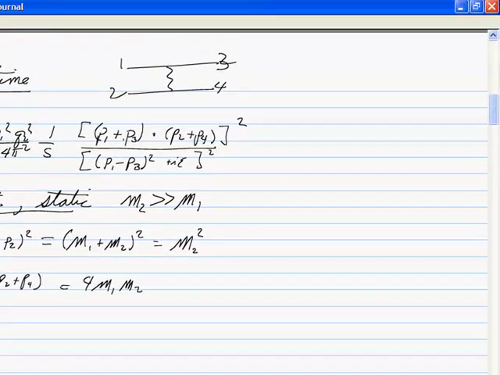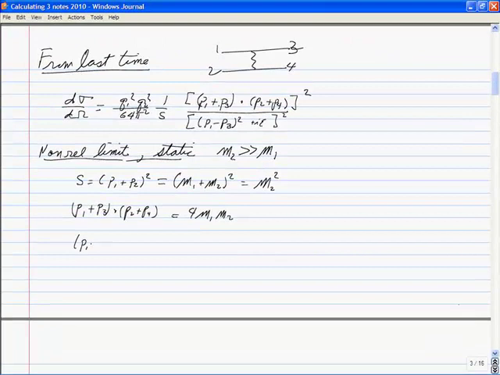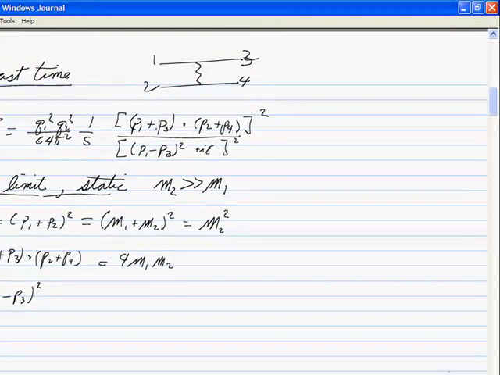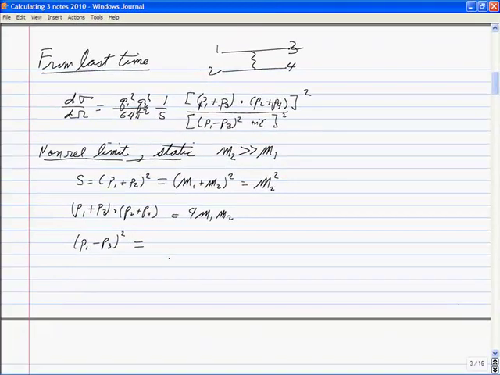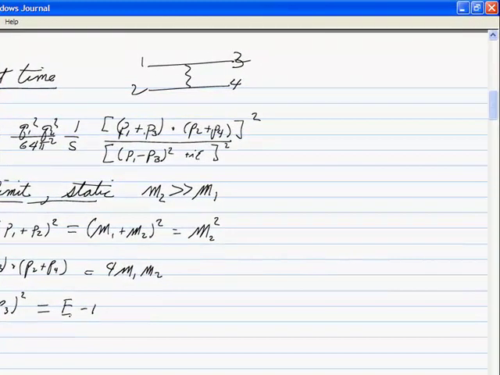Okay, and the last thing we have to do is P1 minus P3 squared. Well, that's, in general, E minus E1 minus E3 squared minus P1 minus P3 vector squared.